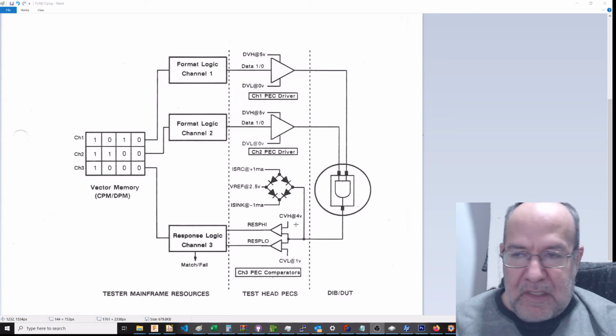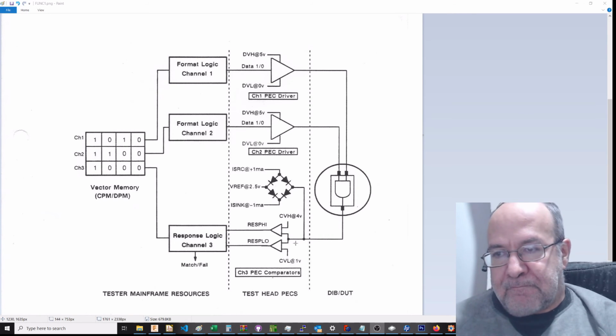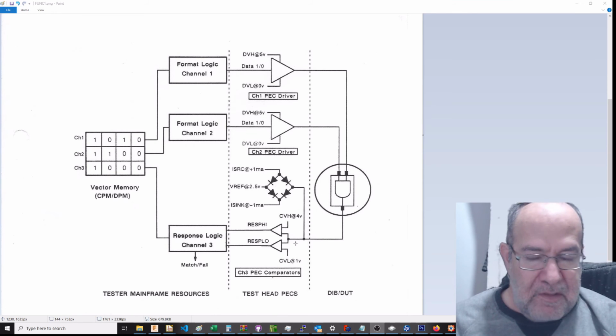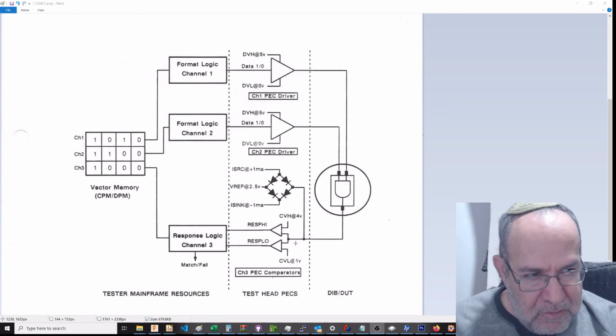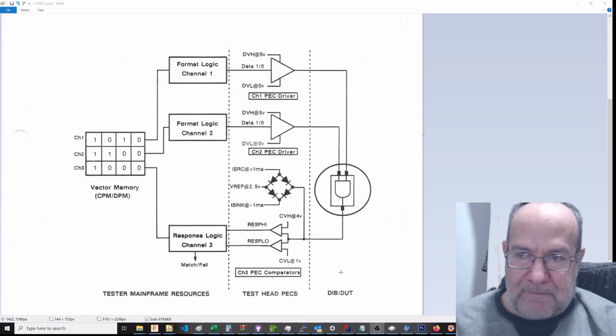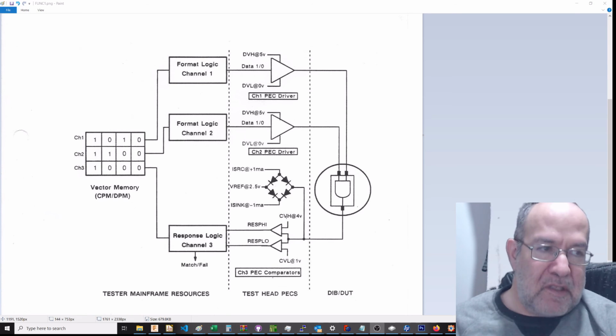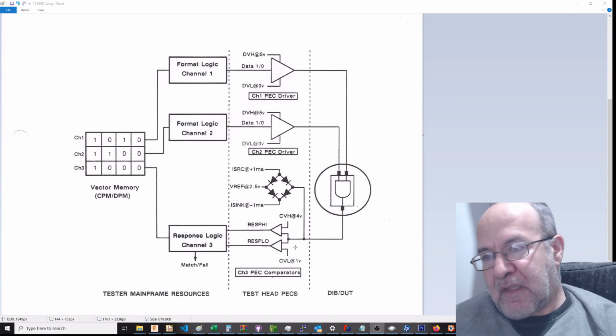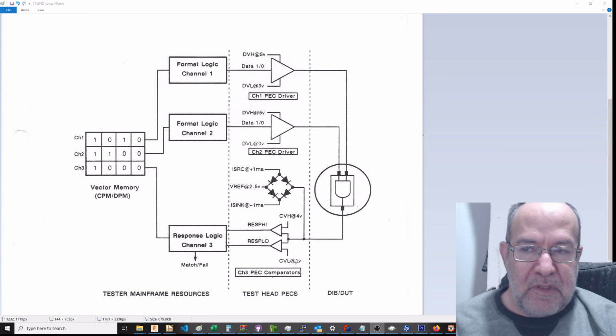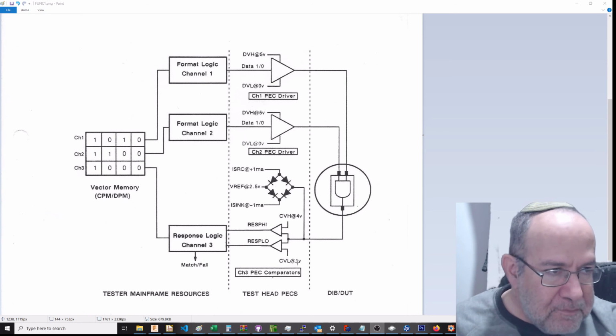CVH and CVL are on the receive line, on the response logic side, your inputs. And here, for example, you'd say I'm expecting 4 volts, and I'm expecting my load to be below 1 volt.